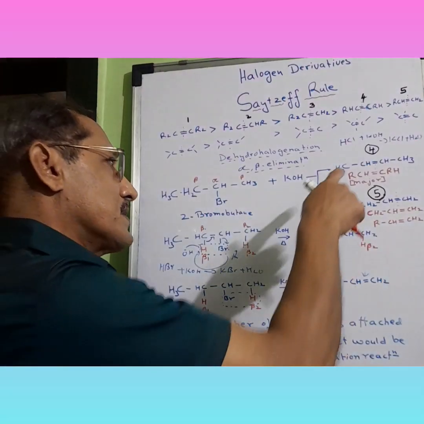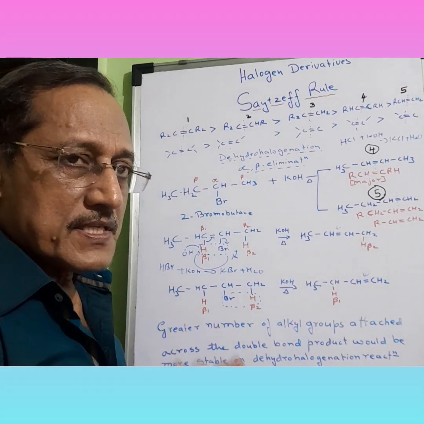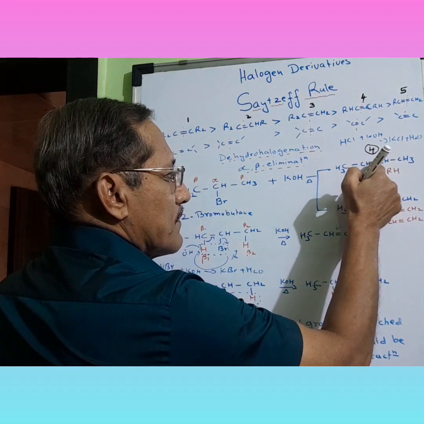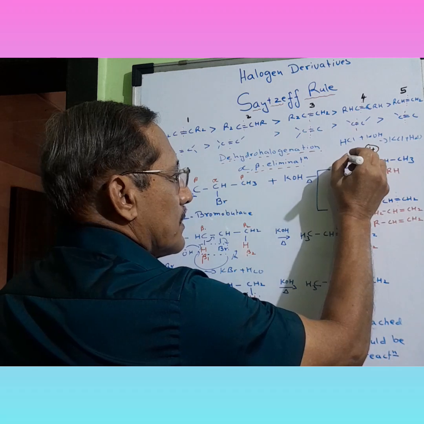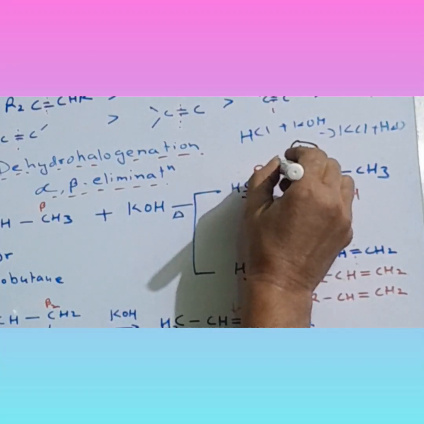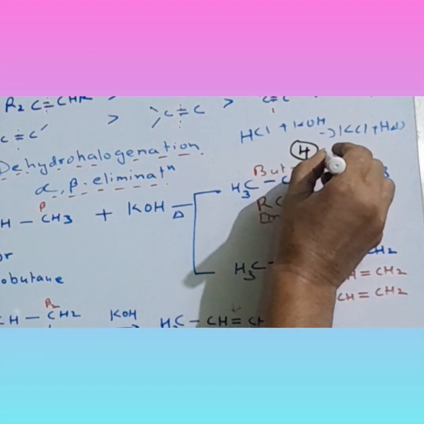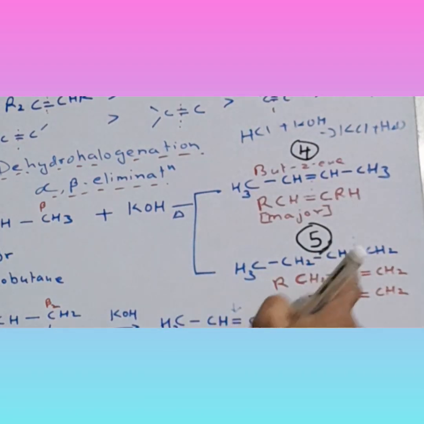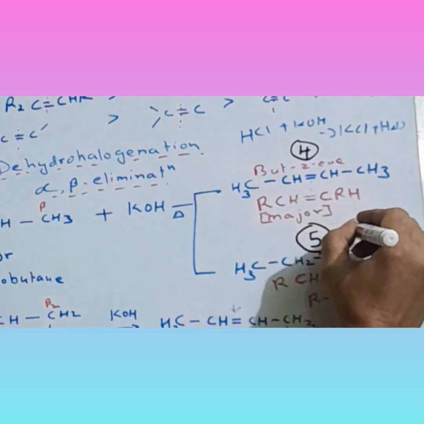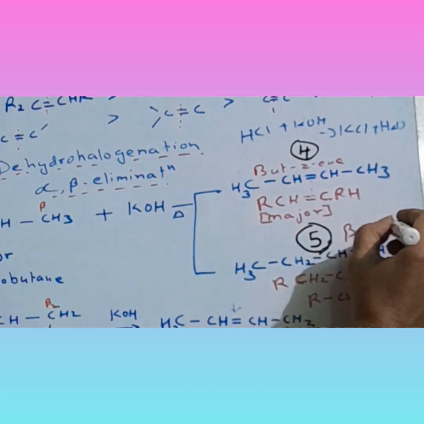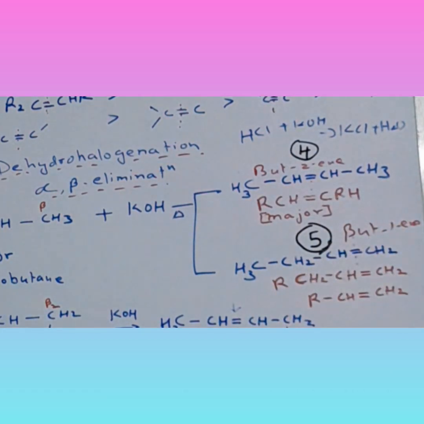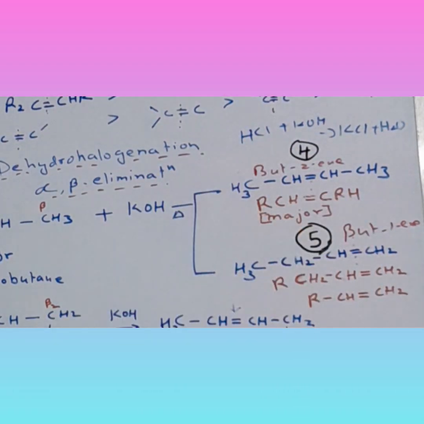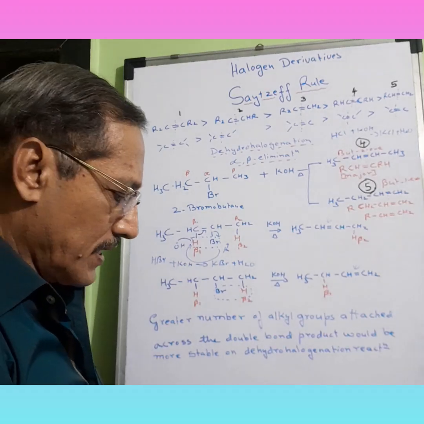So guys, this is the major product as per Saytzeff rule, and we call it but-2-ene. In the second position we have the double bond, so it would be but-2-ene, right? Whereas in this case, in the first position we have the double bond, so it would be but-1-ene. So but-1-ene, but-2-ene: but-2-ene is in major proportion. That's one thing.